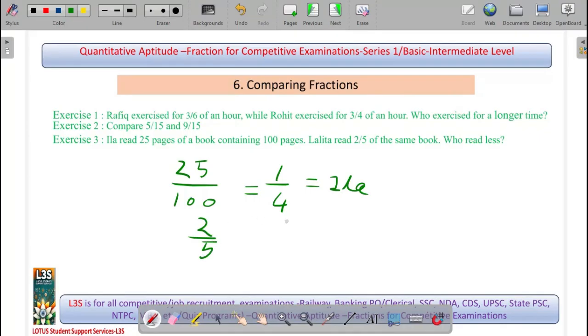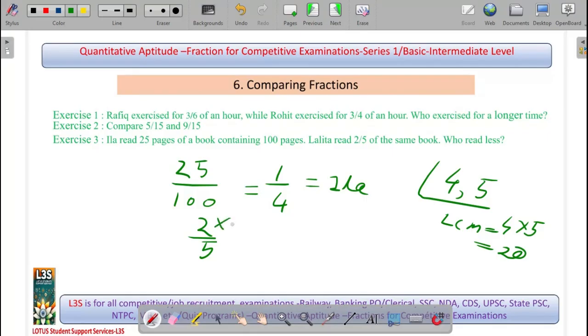So first we have to take the LCM. It is an unlike fraction, so we take the LCM of 4 and 5. It is not divisible, so the LCM will be 4 into 5, which is 20. So we have to make the denominator 20.